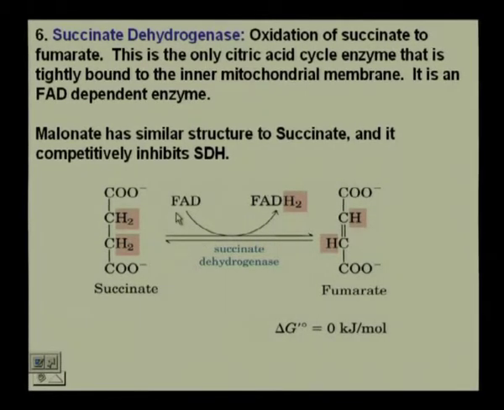If you remember, when I mentioned how FAD goes to FADH2, we considered succinate going to fumarate, and in this case we have the removal of 2 hydrogen atoms here, okay, and this is in the inner mitochondrial membrane and it happens spontaneously, okay. So, we now have formed fumarate. How many carbons do we have now? 4. How many did citrate have? 6.